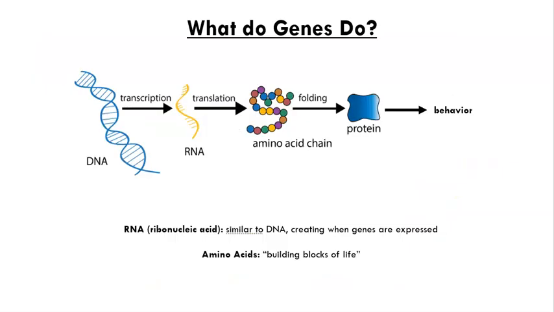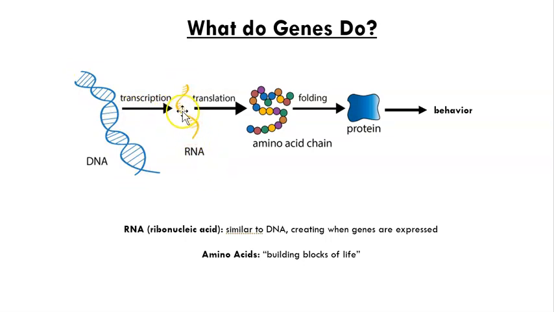So why do we need genes? What do they do? So we have our DNA, and then there's a protein that helps with what we call transcription, which turns DNA into RNA, which is similar to DNA, but it allows us to read it. So the body can't read DNA, so we have to transcribe it into RNA.